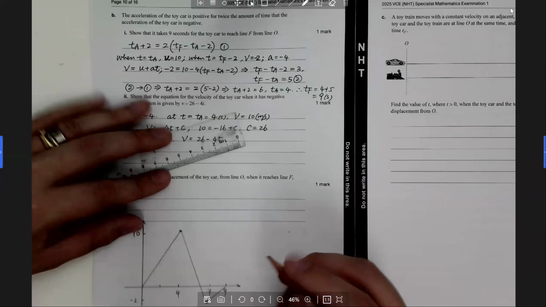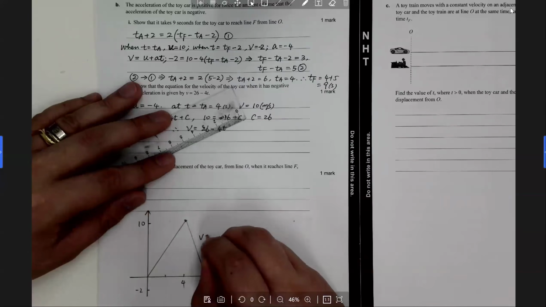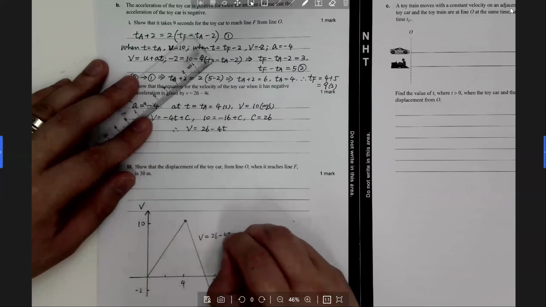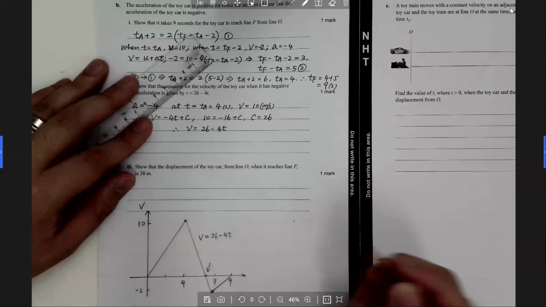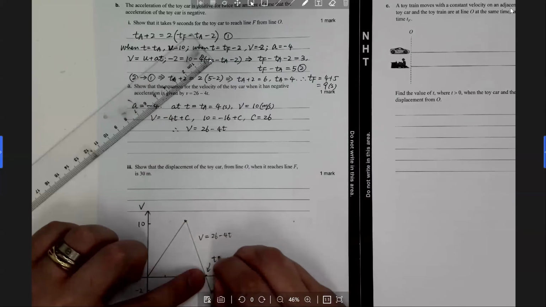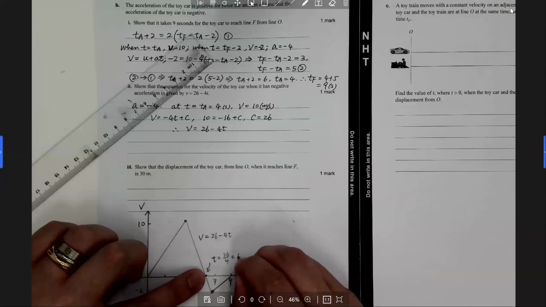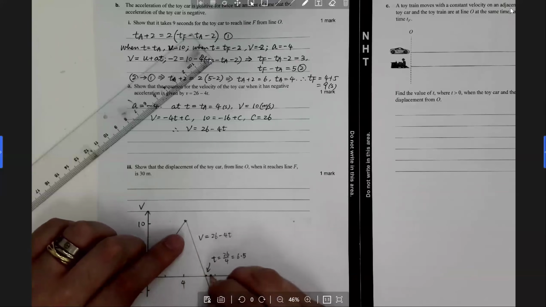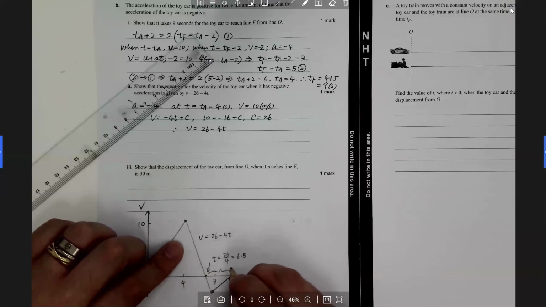So I know this section of the vt graph has the rule 26 minus 4t. Therefore, I'm able to find, along this section, when is the velocity 0? So this is t equals 26 over 4, which is 6.5, I suppose, 13 over 2. And then this region delta t equals 2.5, okay?